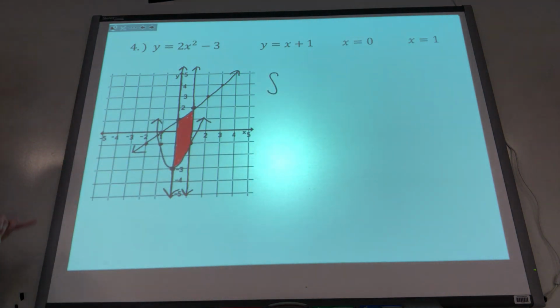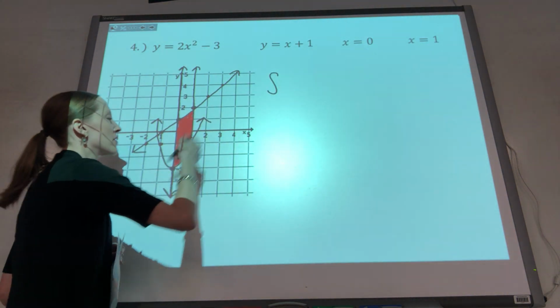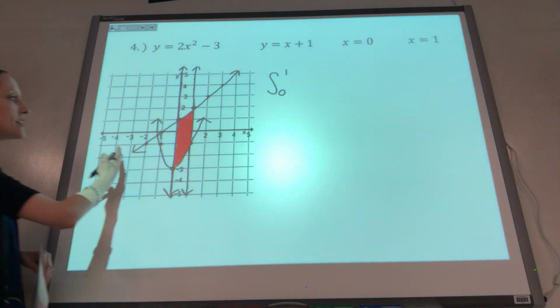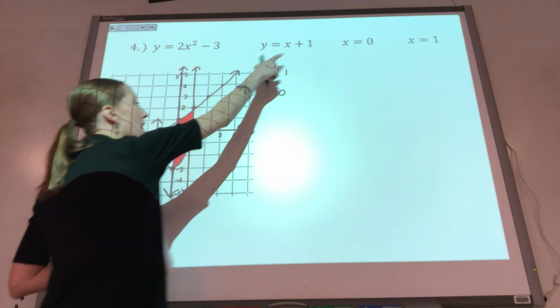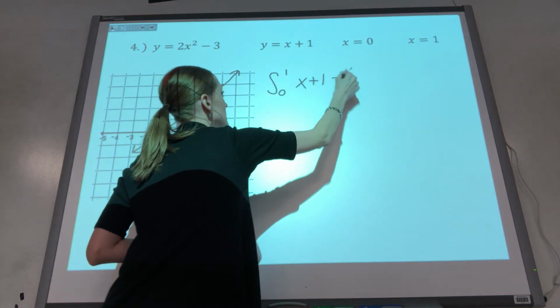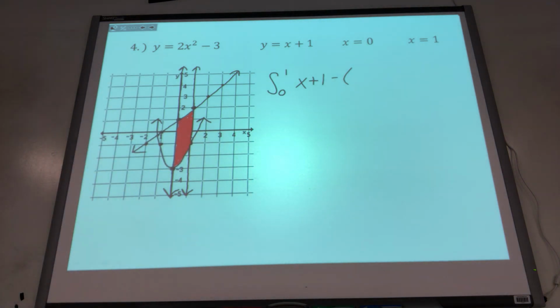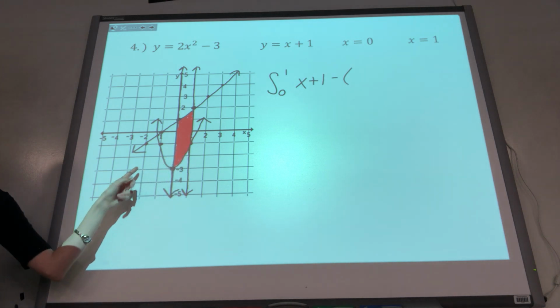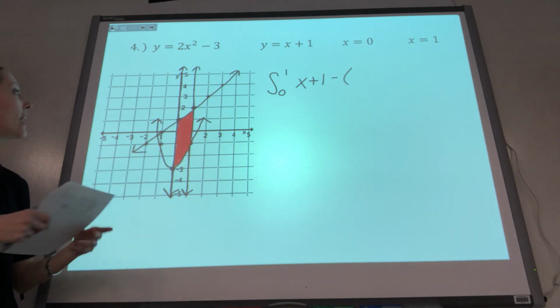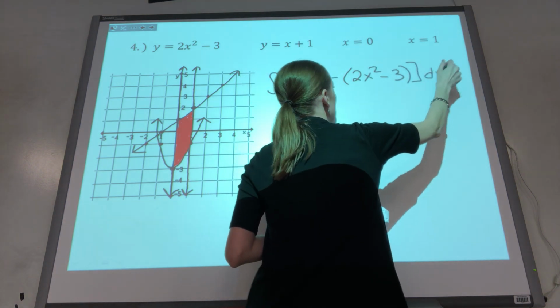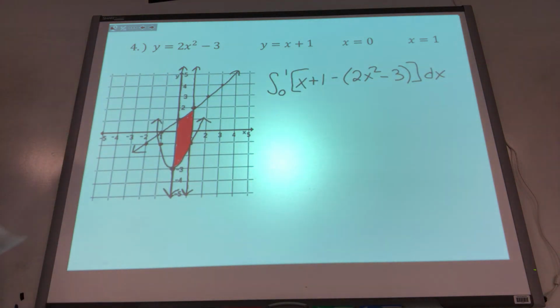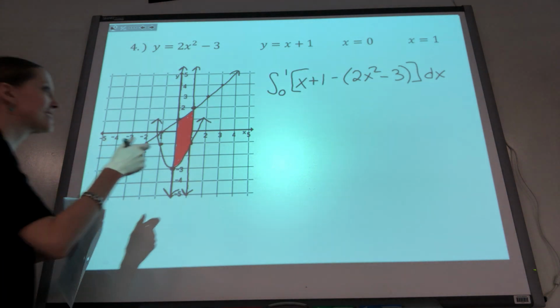Okie doke. So A in this problem, I kind of covered it up, but that is 0. B is 1, and function on top is the line x plus 1 minus the function on bottom, which was the parabola, just a little part of it, but it's the 2x squared minus 3. I'm just putting brackets around all of that to put it with the dx.